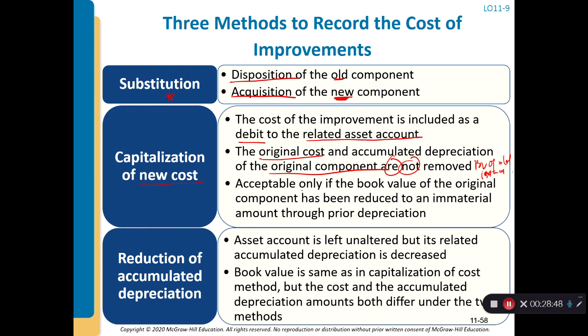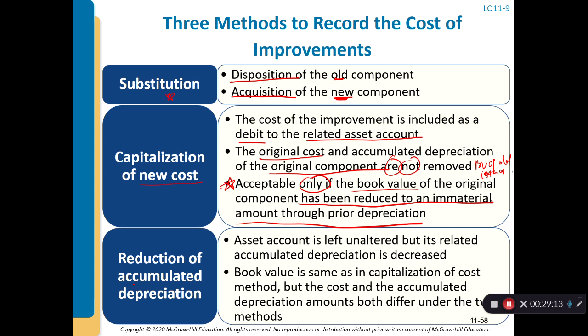This is acceptable only if the book value of the original component has been reduced to an immaterial amount through prior depreciation. That means the refrigerator has almost reached the end of its life, and when you improve it and replace it with a new refrigerator, then you can do this treatment.